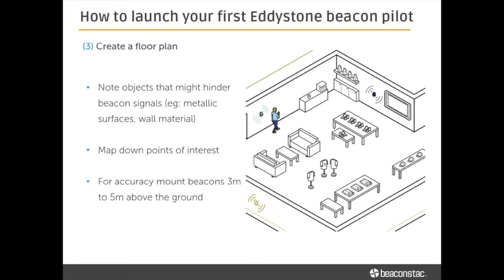So you need to consider all of these factors before you decide on certain points of interest where you can actually mount your beacons, and then map them down on the floor map. And like we always say, for accuracy, we always recommend our customers to mount beacons at around 3 to 5 meters height above the ground. So these are some things that you need to keep in mind in terms of coming up with a very efficient floor plan. Now, Perry will take us through how to set up your Eddystone campaign.